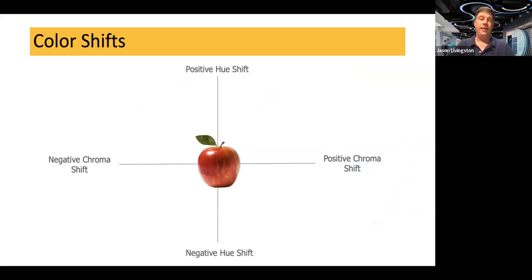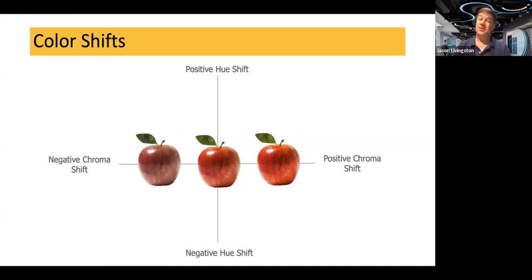So here's what we're talking about. We can have a light source that has very high fidelity, right? Like this apple in the center. The apple looks like an apple. We can have a light source that causes a positive chroma shift, and in this case makes the apple look redder than it would under high fidelity. We can have a light source that causes a chroma shift that is negative.